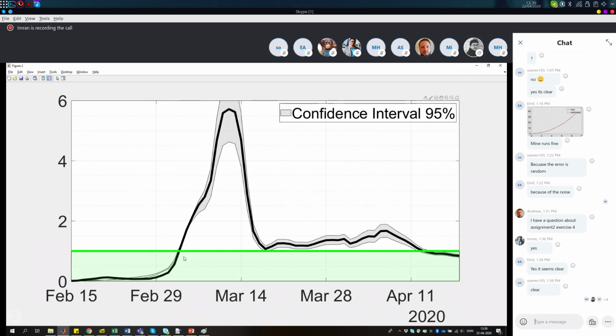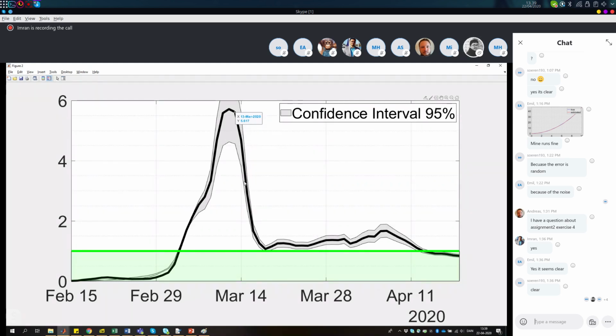But once we know that there are cases in Denmark, people take precautions, some of them stay at home, so it drastically lowers the infection.